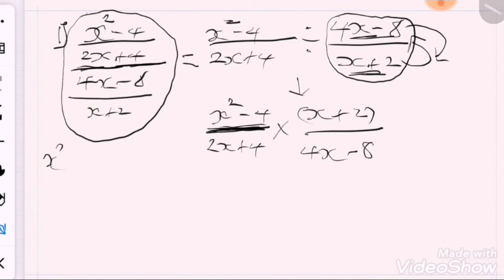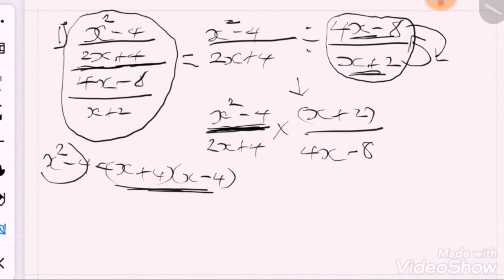We know that x squared minus 4 is equal to x plus 2 and x minus 2. These are the factors of this difference of squares; knowing that if we multiply these, we shall get back x squared minus 4.